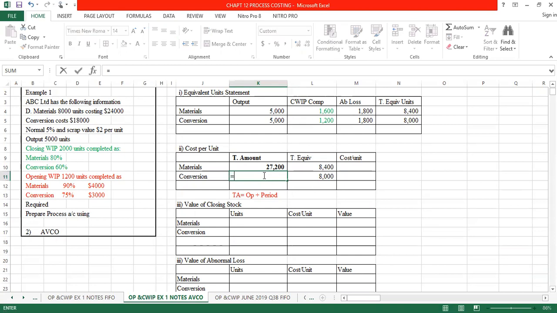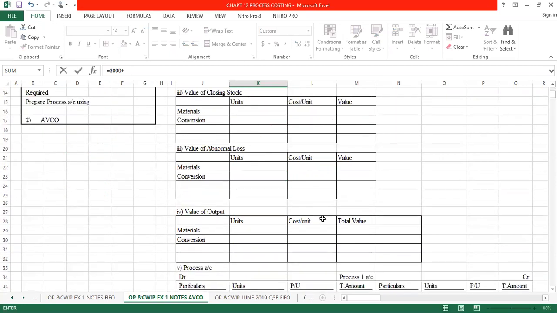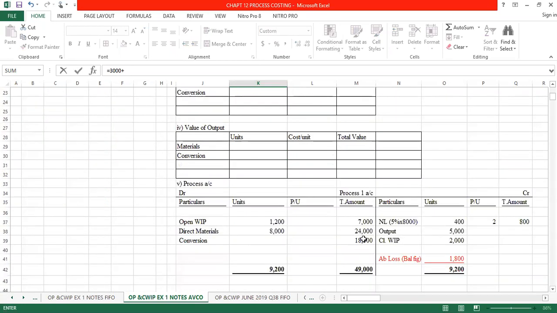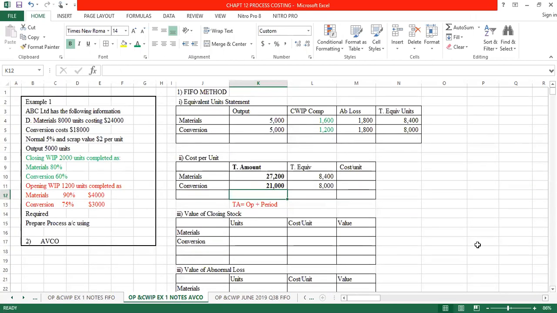Conversion. Opening is 3,000, plus period conversion of 18,000. I'm repeating. Total amount in AVCO is opening plus period, opening plus the period costs down there. So what is the cost per unit?